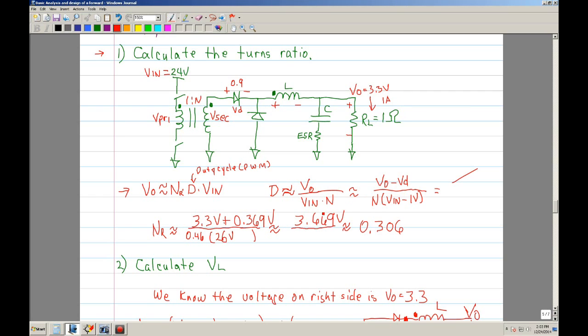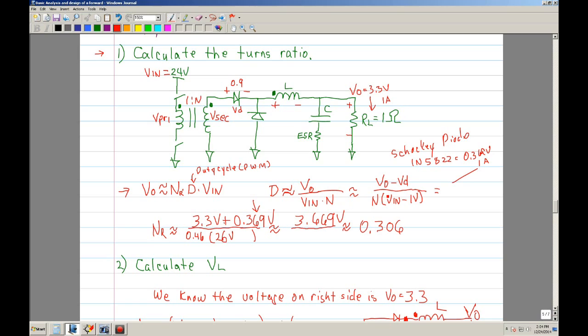So you end up with V out minus VD. In this case I'm going to be using a Schottky diode, the 1N5822, which has approximately 0.369 volts voltage drop at 1 amp. So that's where this number comes from, right there.